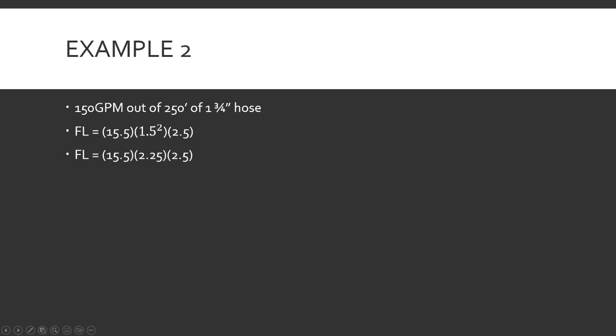Don't forget, you gotta square your flow rate. Should get you 87.2 for friction loss. And that seems really high, but again, when you're talking inch and 3/4, there's a lot of friction loss in that.